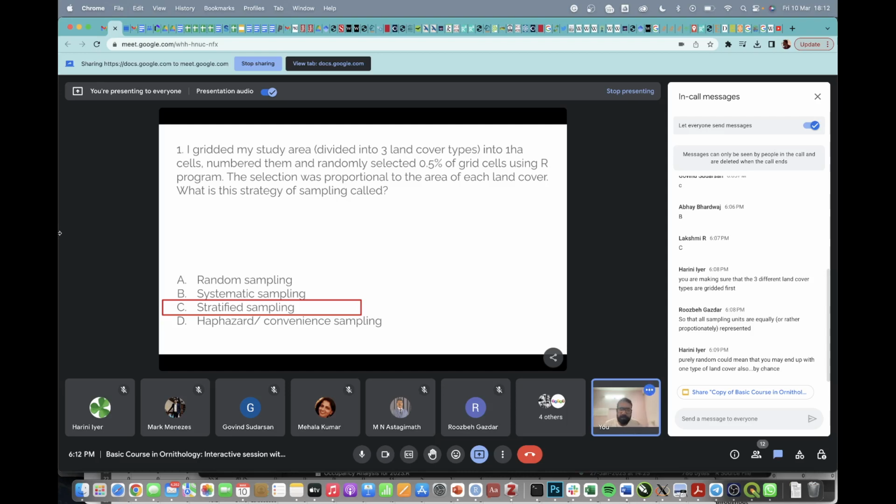That would mean roughly 200 plots in land cover A, 300 in B, and 500 in C. By chance, yes, but if you do it with stratified or random, it'll have very similar numbers, like 211 or 212, and that's not going to make a big difference.